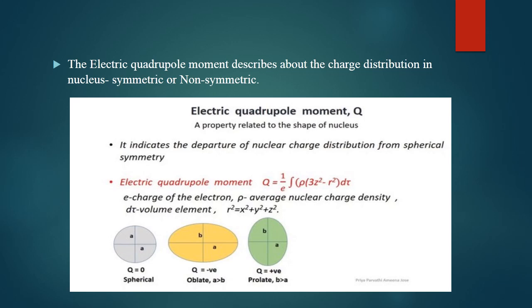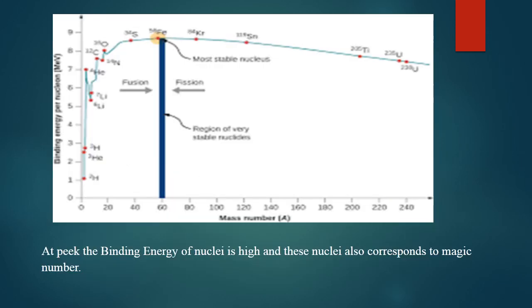And if it has a positive value, if B is higher than A, the charge distribution is in the shape like this, and you call it prolate. These two are important in electric quadrupole moment, which this particular shell model explains in detail for a nucleus.